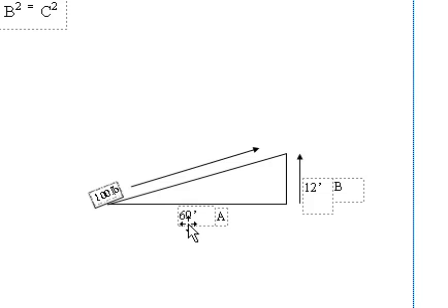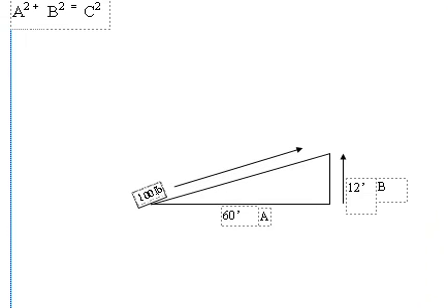So then we have 60 feet squared plus 12 feet squared, and that's going to equal c squared. So c then becomes the hypotenuse of your triangle. The hypotenuse is always the longest side of a right triangle.